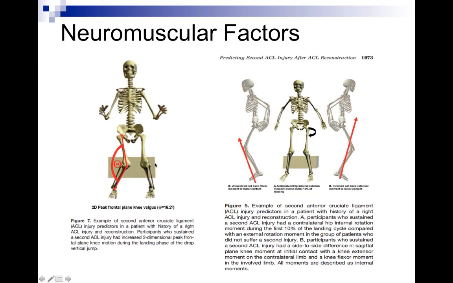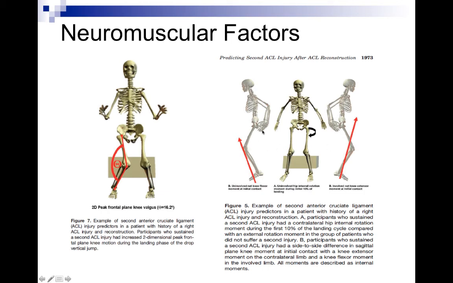So the factors included measure the amount of knee abduction that occurred in a 2D projection on landing, an imbalance on the uninvolved versus involved side, where you can see this is the projection of the ground reaction force in front of the knee on the uninvolved side, so that would have a flexor internal moment, and this would be the projection of the ground reaction force behind the knee.